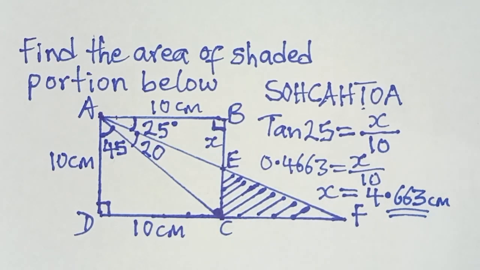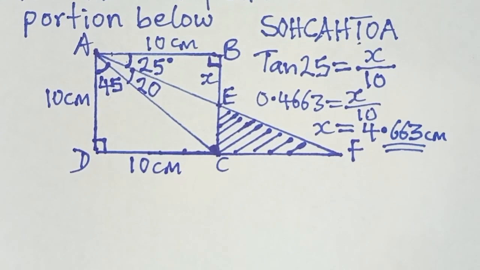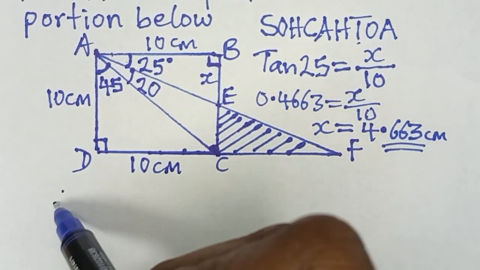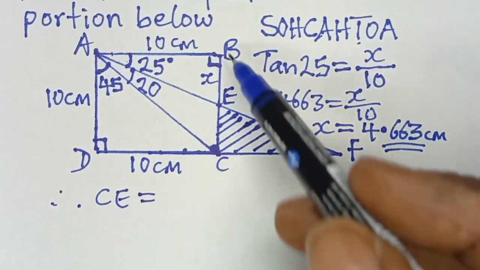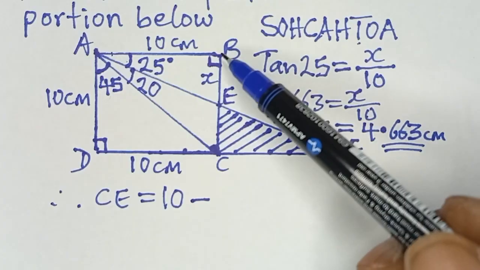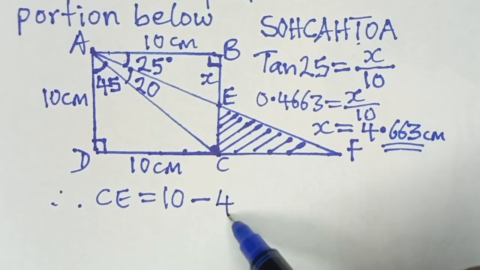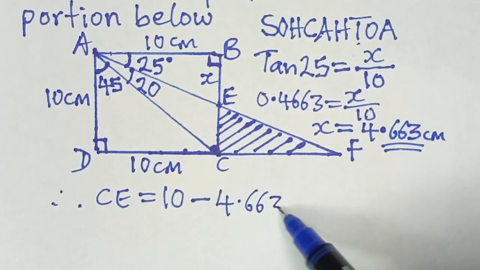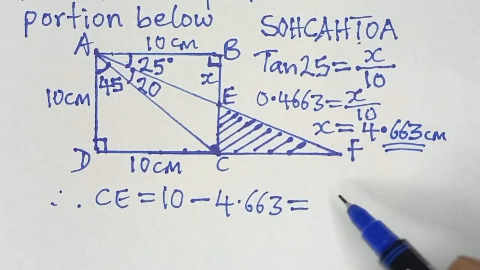Therefore, CE is equal to 10 minus the X that we just got, which is 4.663. And that will give us 5.337.